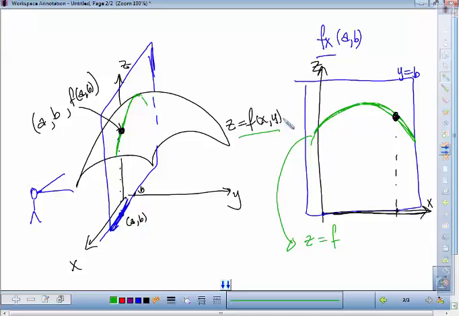So f of what? X is still variable, and then b made it fixed. So really, you can think about this as g of x. It's just a function of x, because it's not moving along the y.